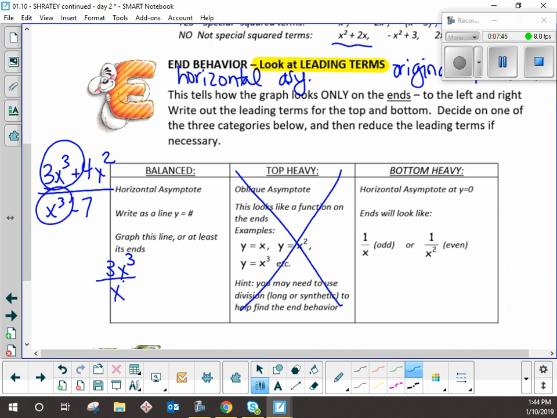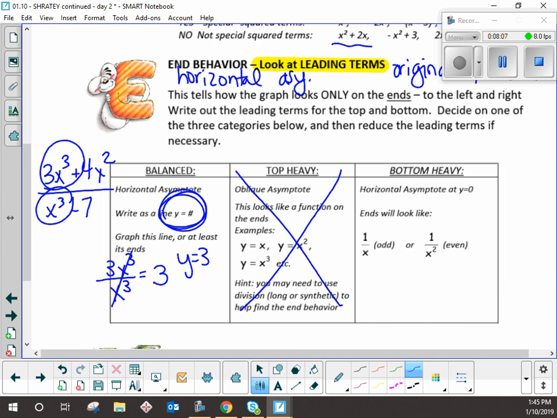We'd write that as a ratio, and then we would simplify, and that would give me 3. I would use that right here in this form. It says write as a line y equals a number. The number is what you get here when you simplify.